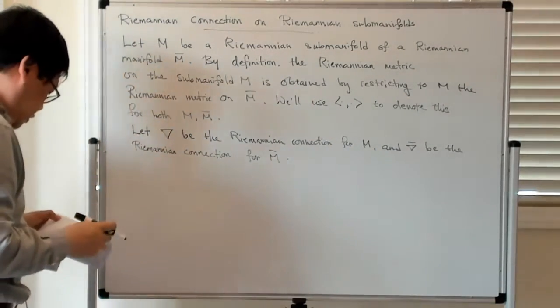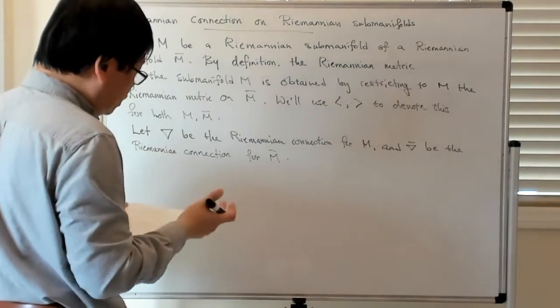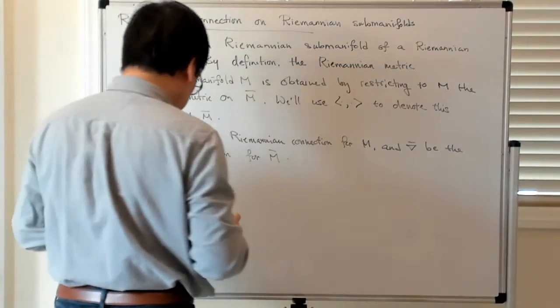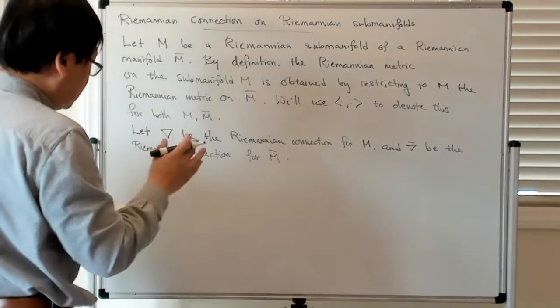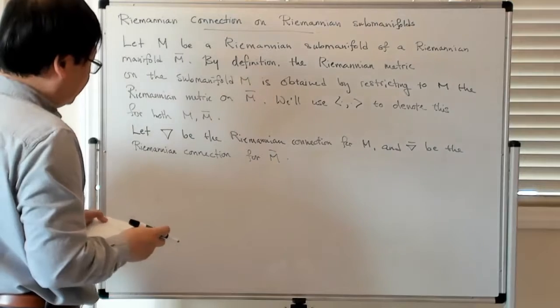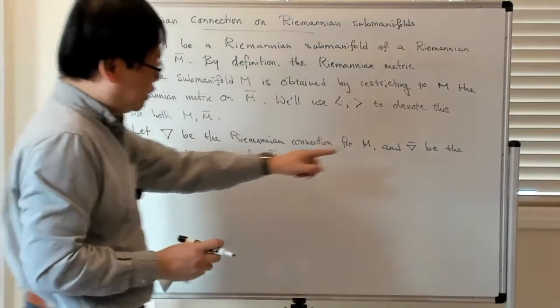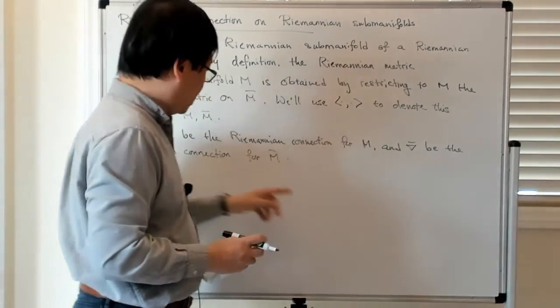So anyway, we'd like to think about how to induce a Riemannian connection on M given a Riemannian connection on M bar.